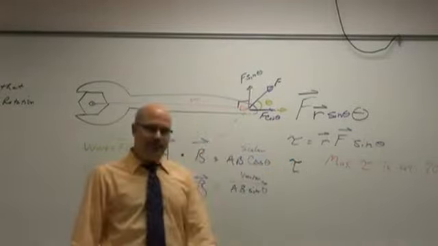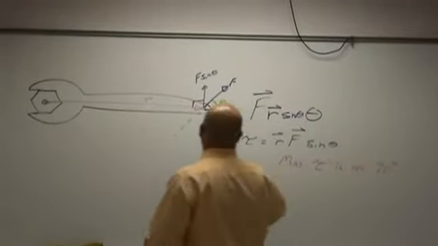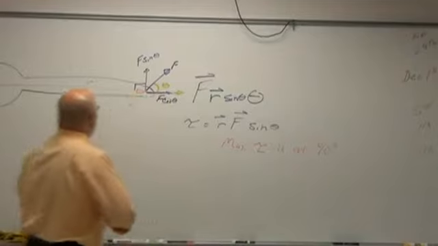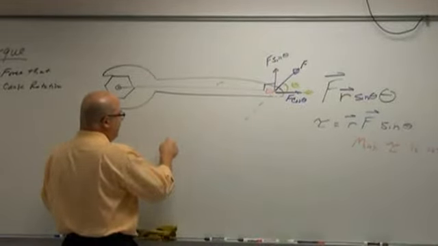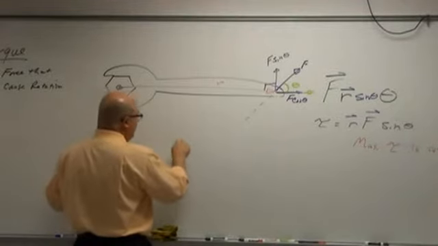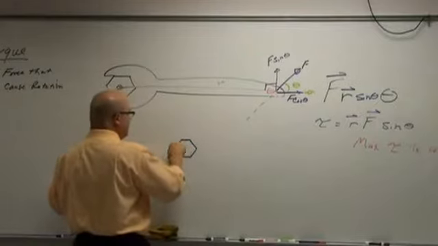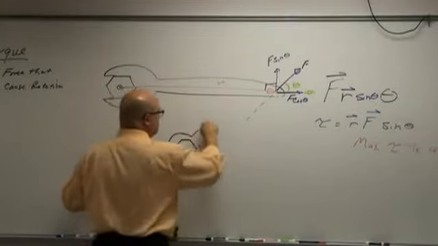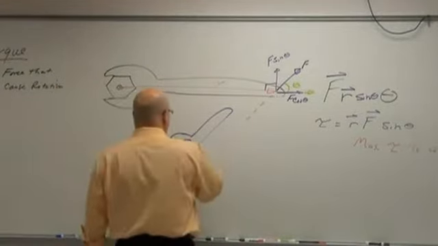I'm going to show you a couple of tricks. Trick number one: this is our equation for torque. Let me give you one that they will probably give you to mess you up. Let's say we have a wrench. That's how I use a wrench.